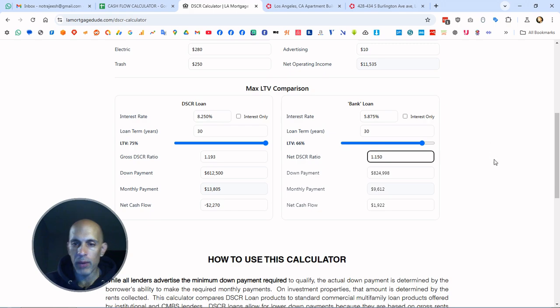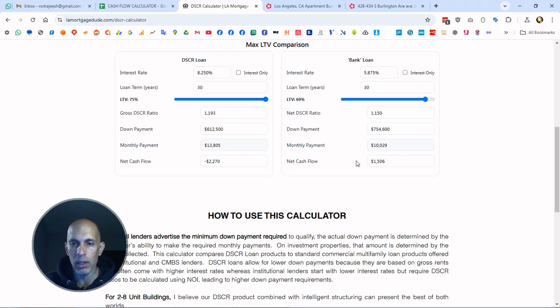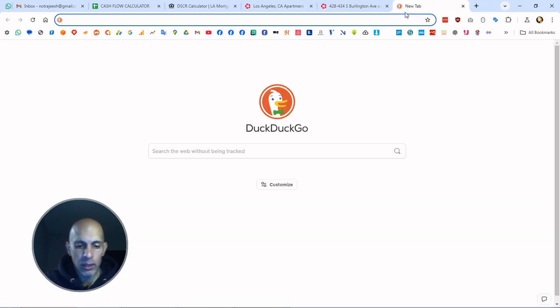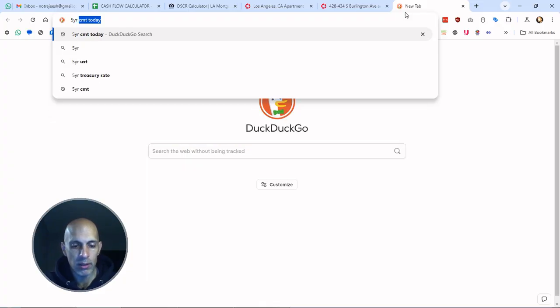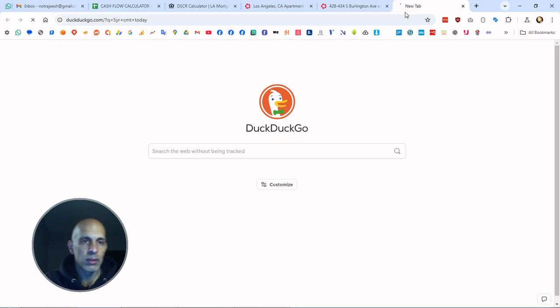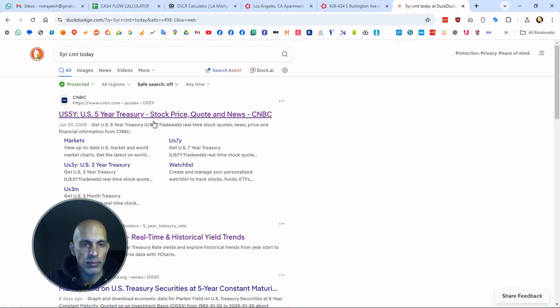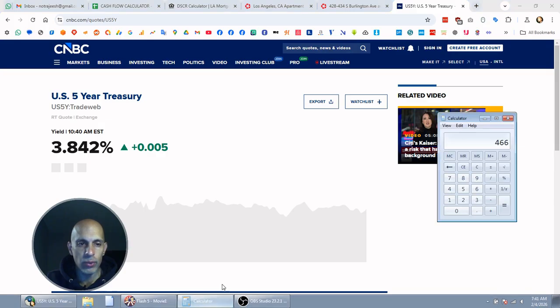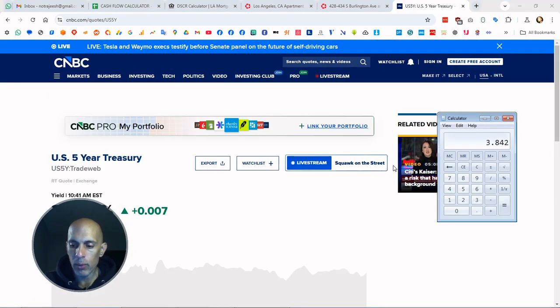If we go 1.5 there, our minimum down payment is 31%. You're going to have to put at least 31% down just to make this work. And then you're looking at a 5-year CMT plus a spread. So 5-year CMT today is 3.842.